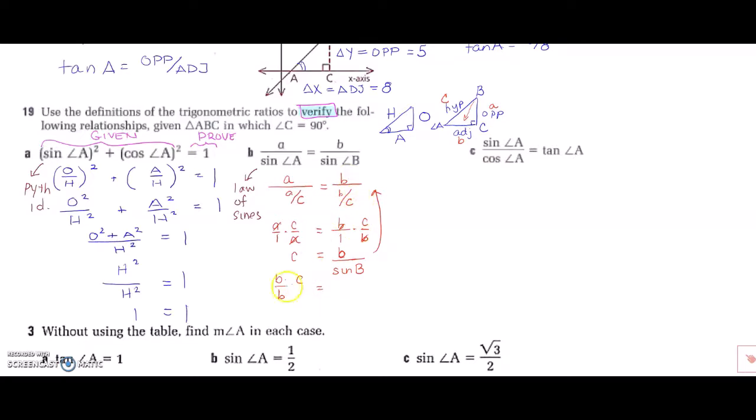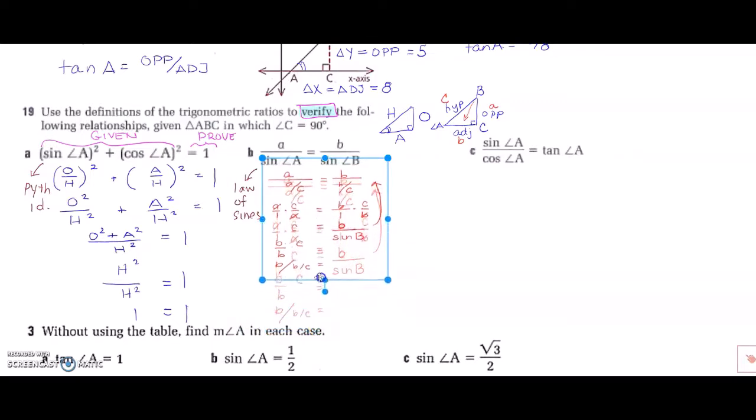And then I'm going to change this to be B divided by B over C, and that'll be equal to the sine of B. So sometimes when you're asked to verify equations, you can use the lightning method, but you don't want to show that, so you usually want to do your work on another paper.